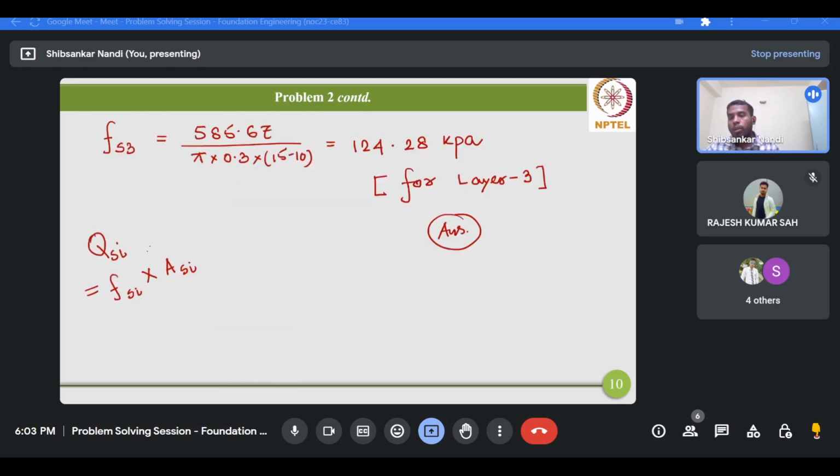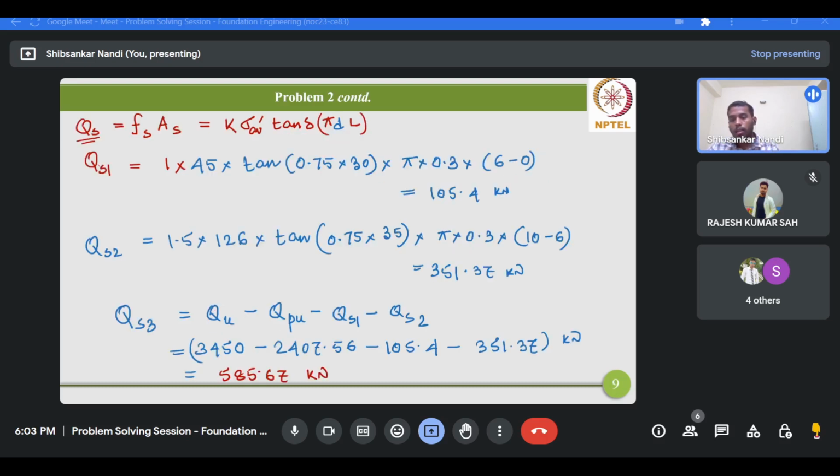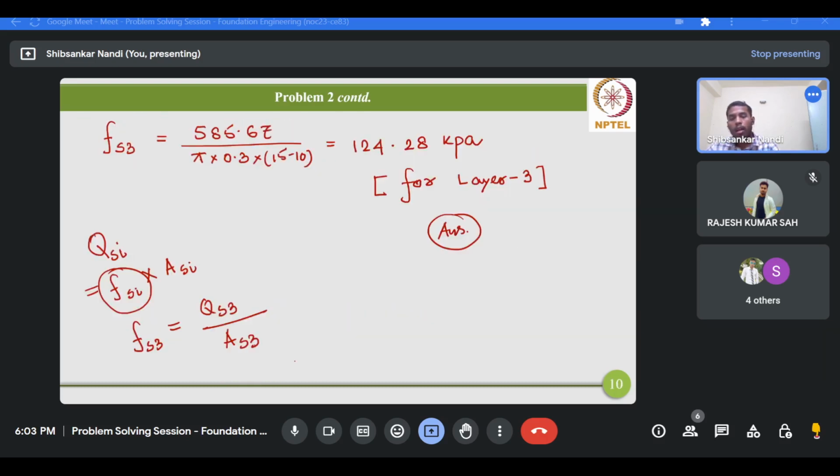Now to get the unit one, that means this f_s3, here this i subscript is 3, you just have to divide this QS3 by the respective area AS3. So QS3 is here 585.67, and AS3 is nothing but pi times D times L. D is the diameter of the pile, 0.3, and L for layer 3 is 15 minus 10, that is 5 meter. Is it fine? Okay, sir. Okay.